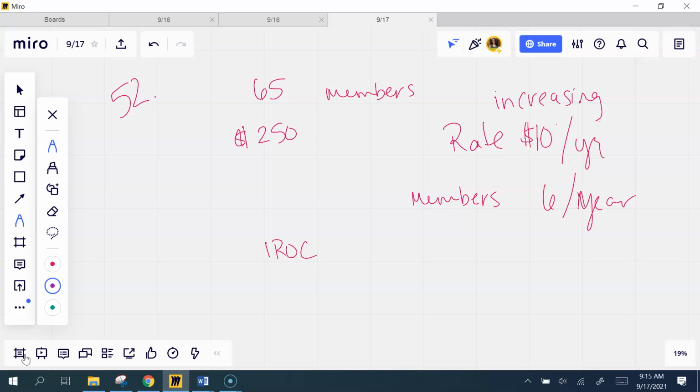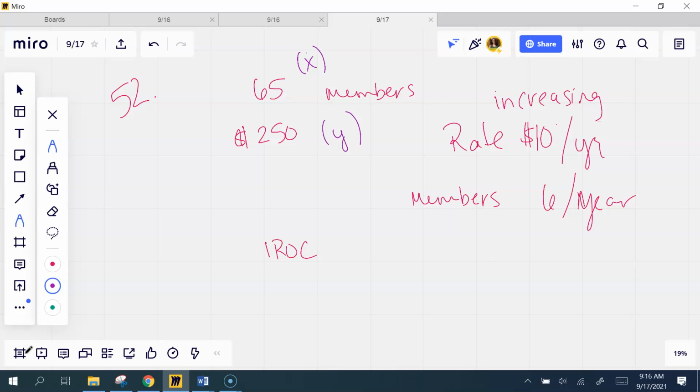Because it matters to me. 65 is X. You want to do the 65 as X. You want to do this one as Y. Okay. What's the instantaneous rate of change currently? We don't know when. What is the current rate of change in the member's share?